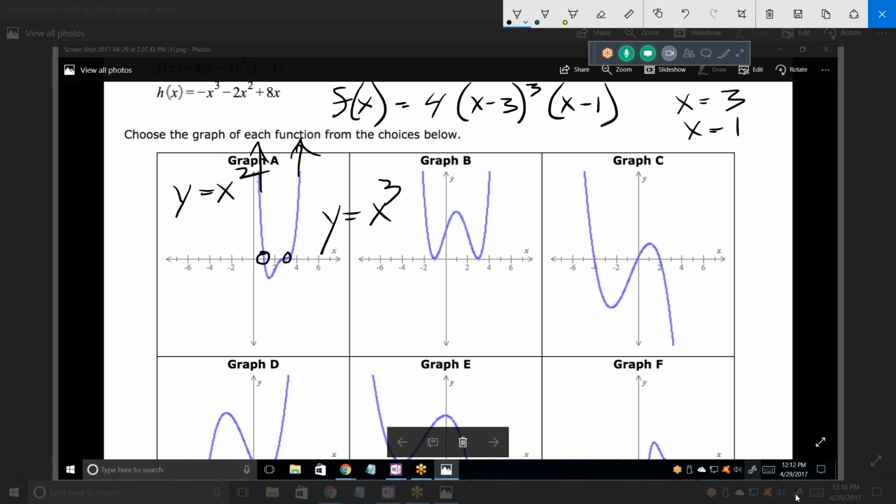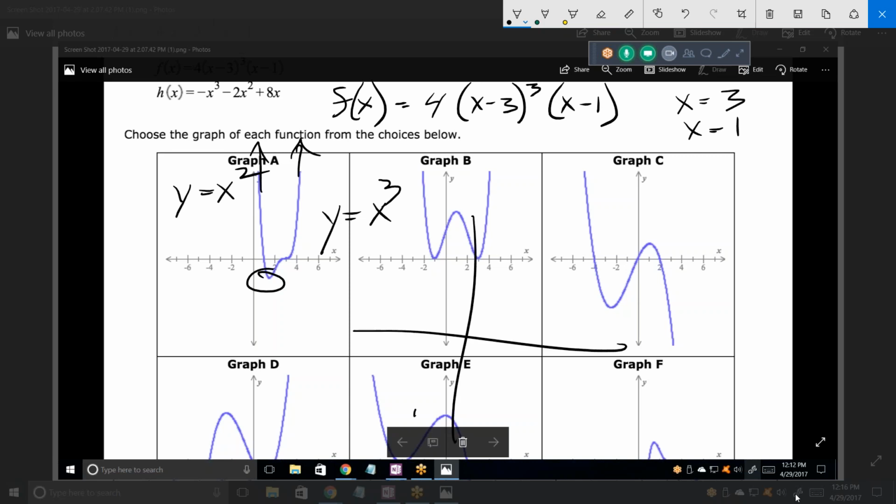All right, so we figured out that it's probably A. Now, that was a little bit surprising, although it shouldn't have been, because I only see maybe one extrema, that one right there. But just because it's a third degree function, or in this case a fourth degree function, doesn't necessarily mean it has all those extrema.